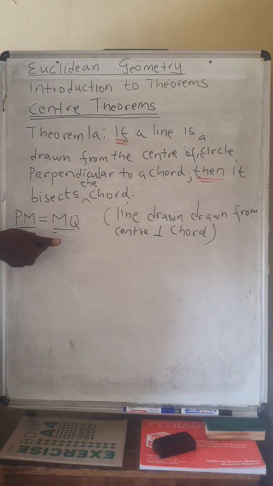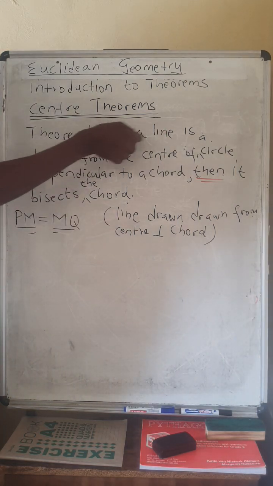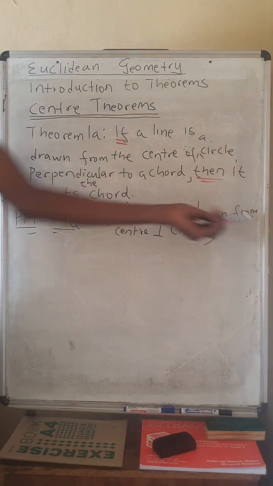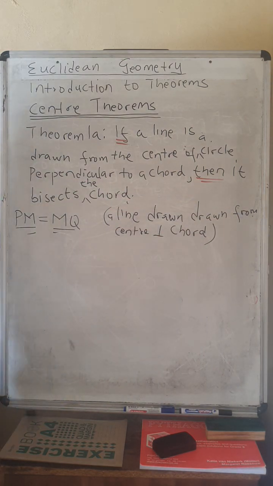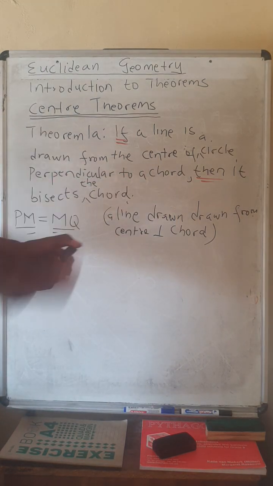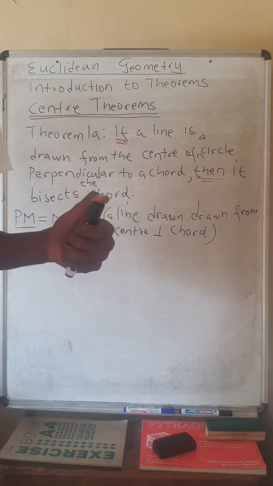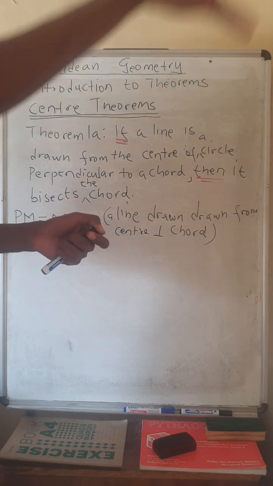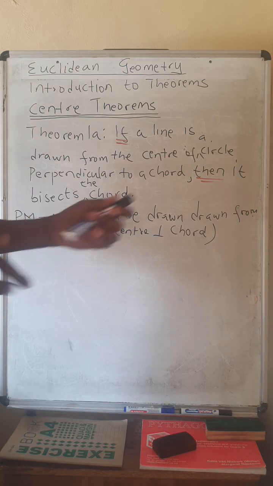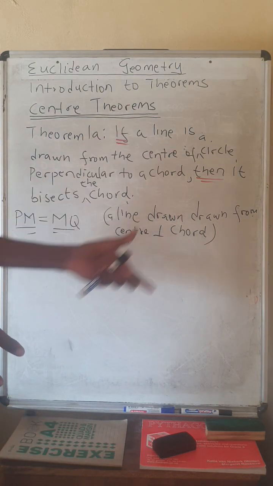Why was the chord bisected? The chord was bisected because we had a line drawn from the center perpendicular to a chord as a condition. So the condition is always your reason. When you give a reason for a particular conclusion, you just think about what was the condition here? What was the thing that was met here? What is it that I managed to identify here? So when you reason, think about the condition.